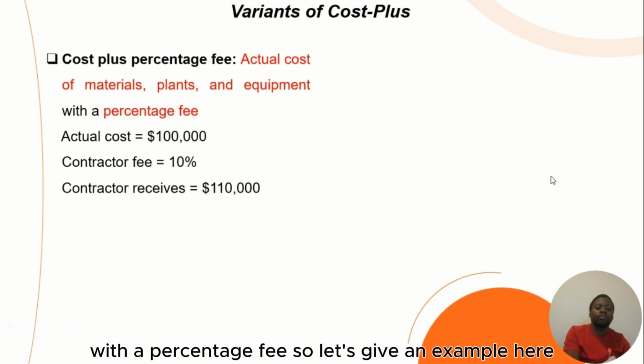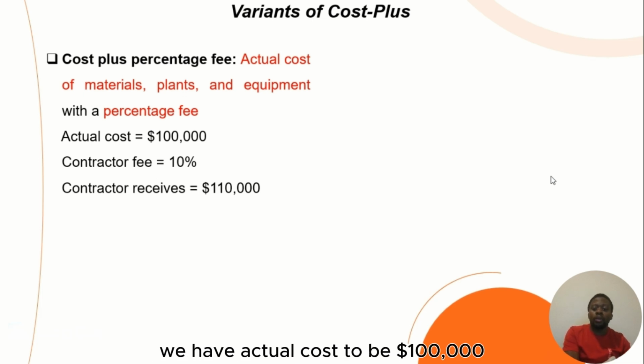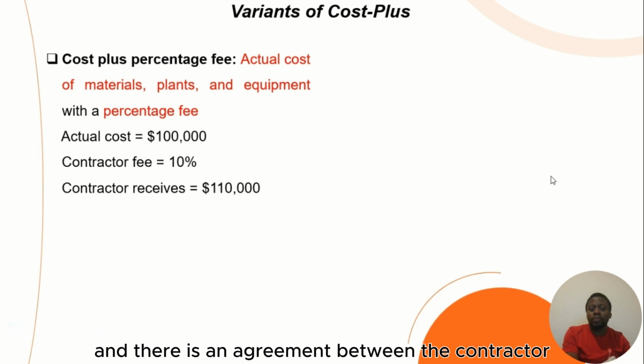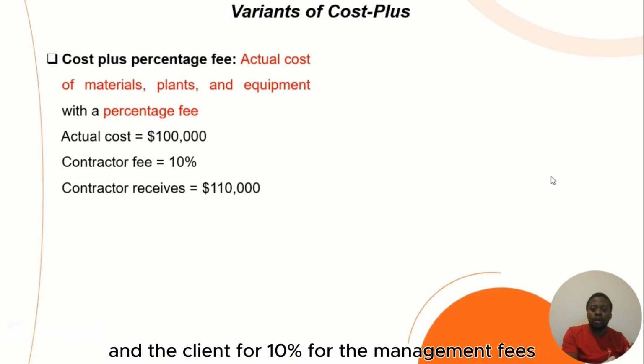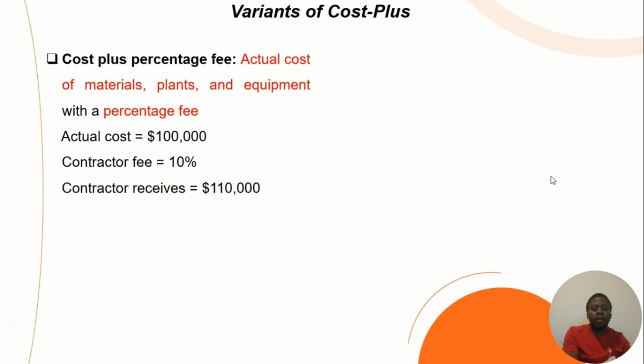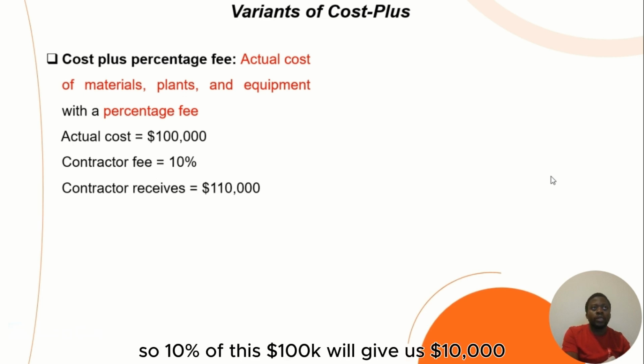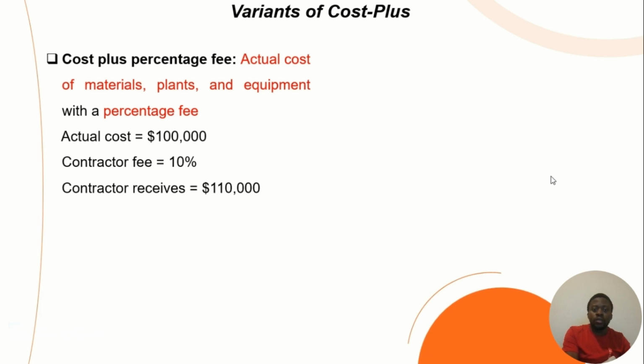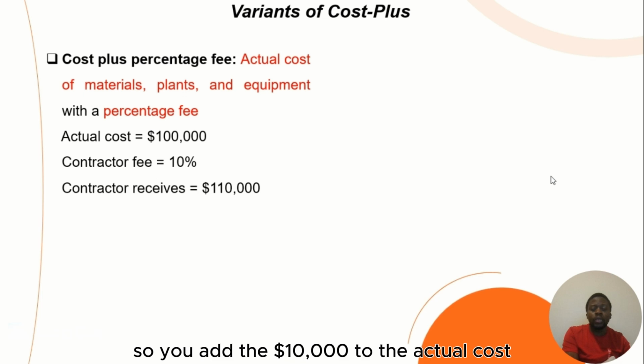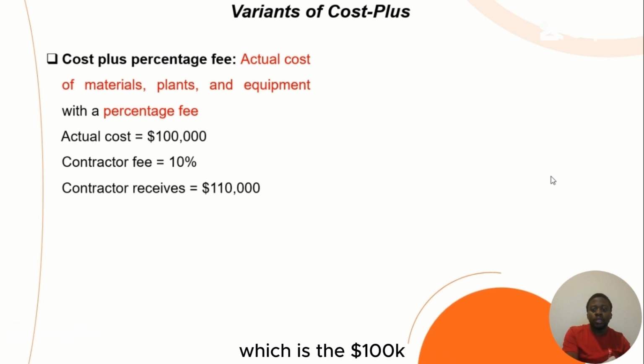Let's give an example of an actual cost of 100,000 expended on the site, and an agreement between the contractor and the client for 10% for the management fee. 10% of this 100,000 gives us $10,000. So you add the $10,000 to the actual cost of 100,000, and this gives us 110,000.